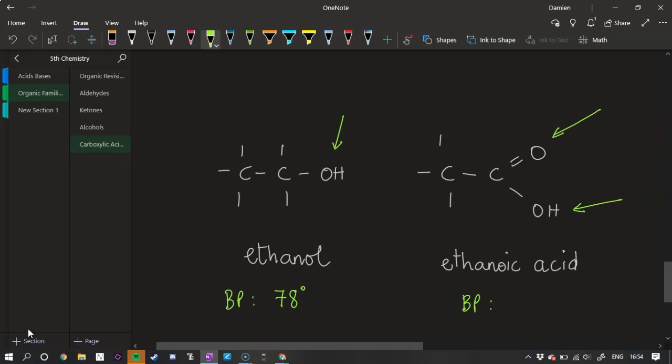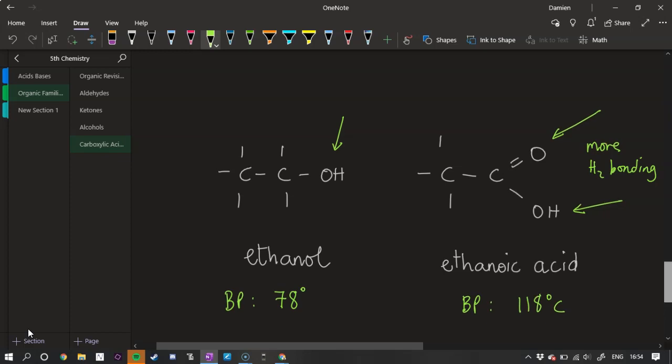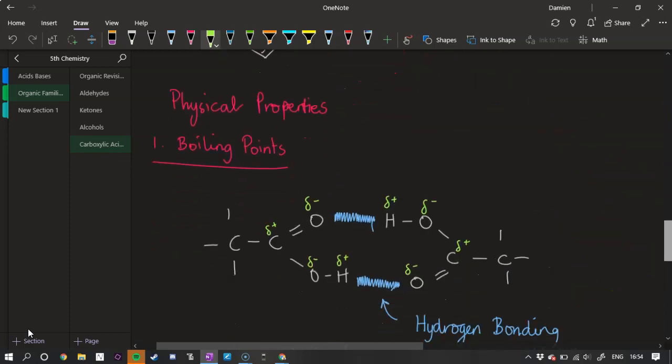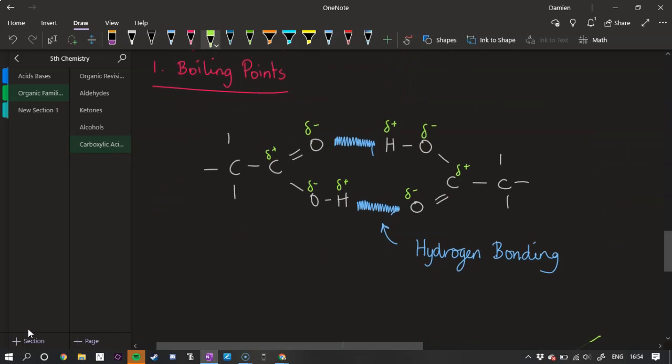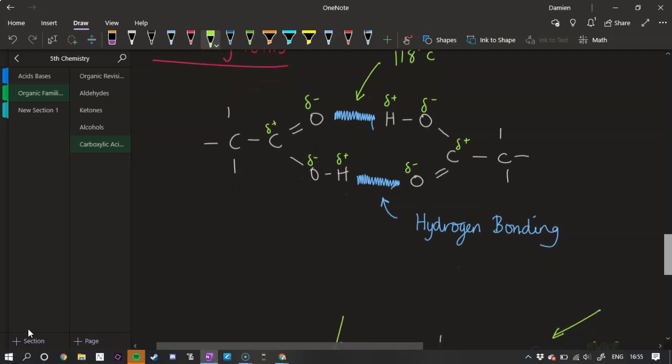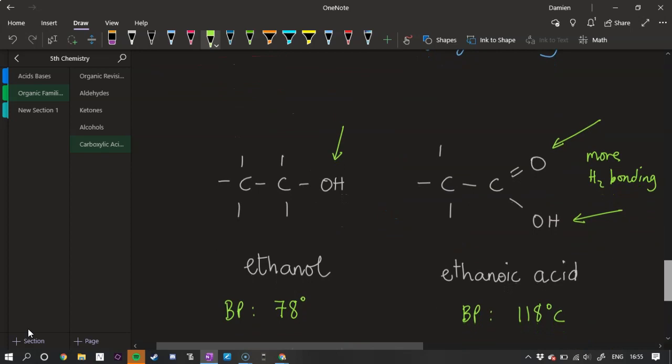So in this compound here, there's more hydrogen bonding on the right hand side. So the boiling point for ethanoic acid is actually 118 degrees Celsius. You need a lot more energy to break the bonds between ethanoic acid molecules, which you can see here. So you need 118 degrees Celsius to break those bonds and boil it, in other words, turn it from a liquid to a gas.